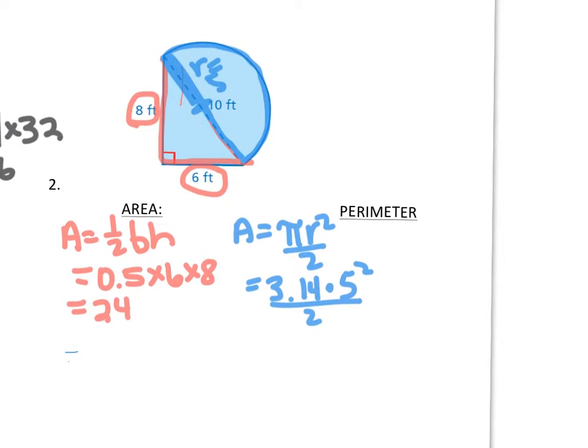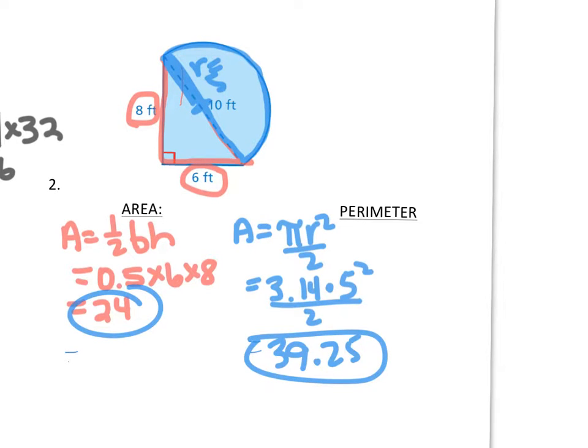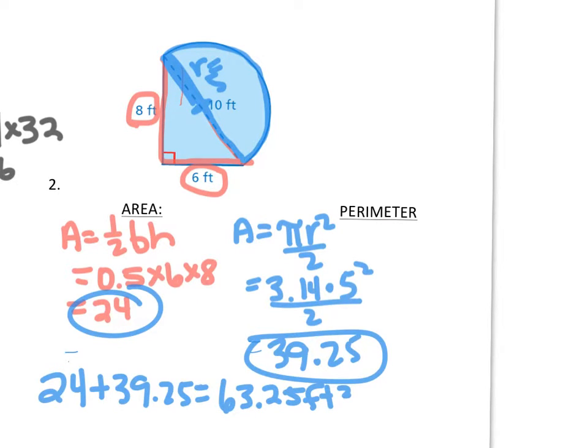And you should get 39.25. Okay, so you'll add those two areas together. 24 plus 39.25 gives you 63.25 feet squared.